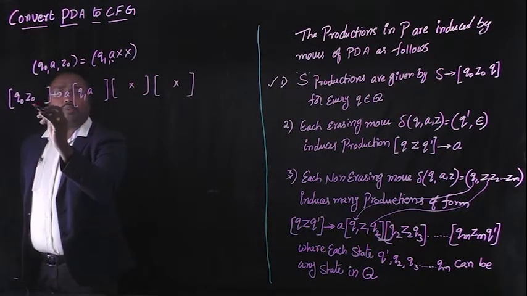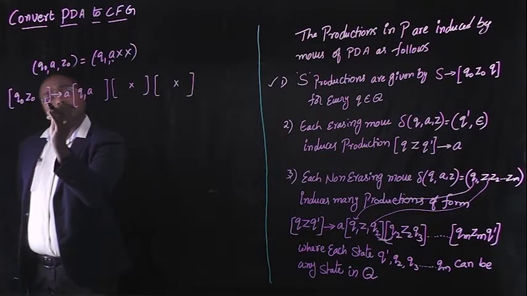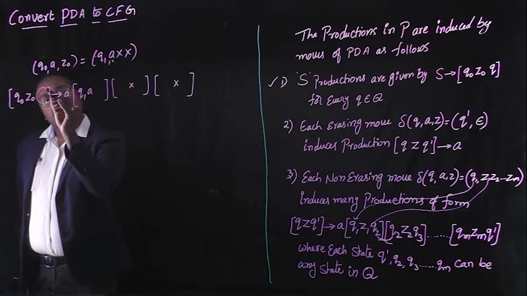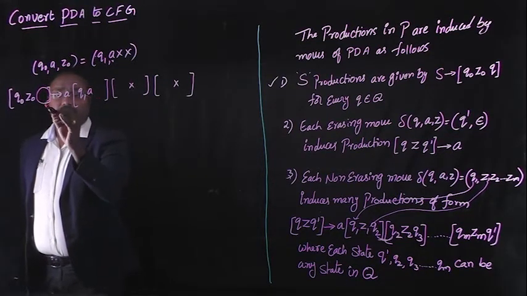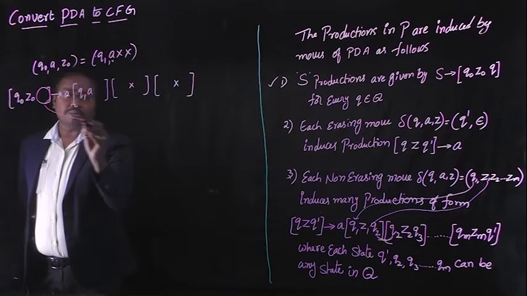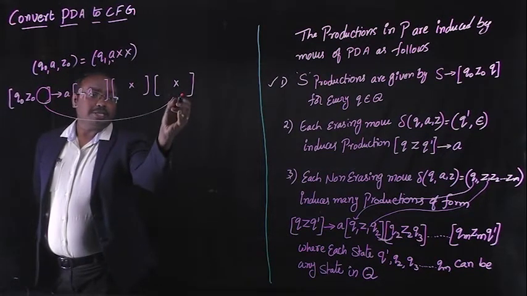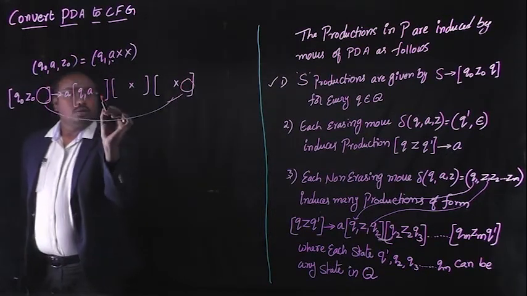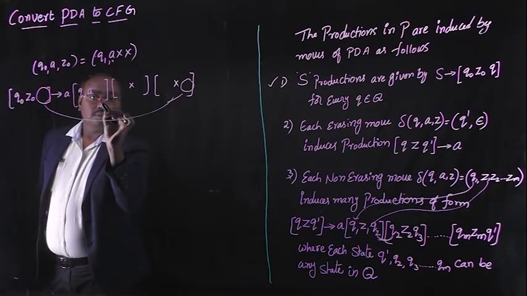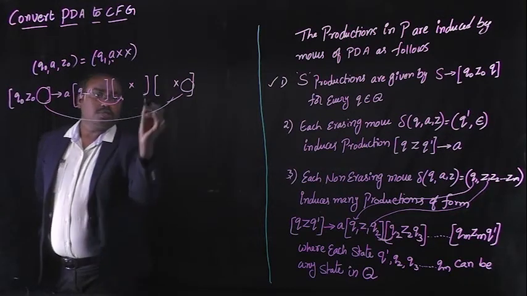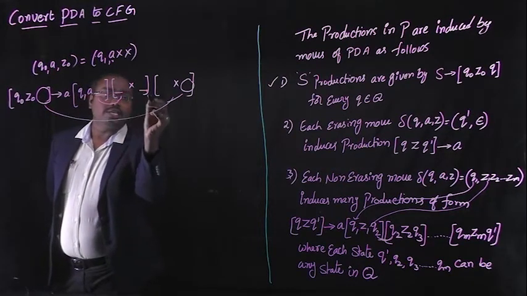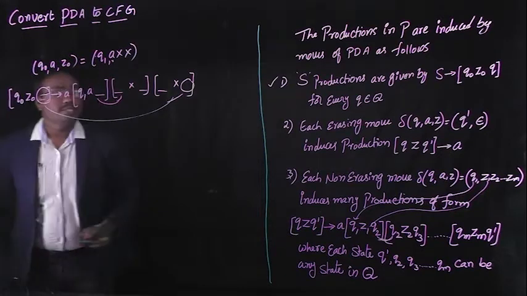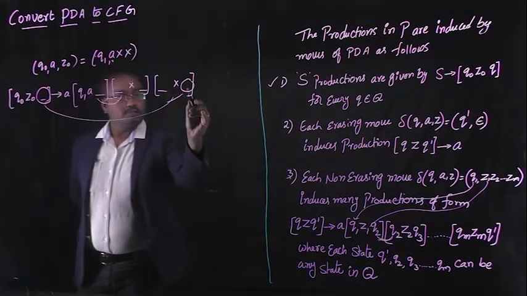Here we can place the states. Whatever state we fill in this place should be matched with the last place, and this state should be matched with the adjacent one. So here we can fill all these empty places with the states.